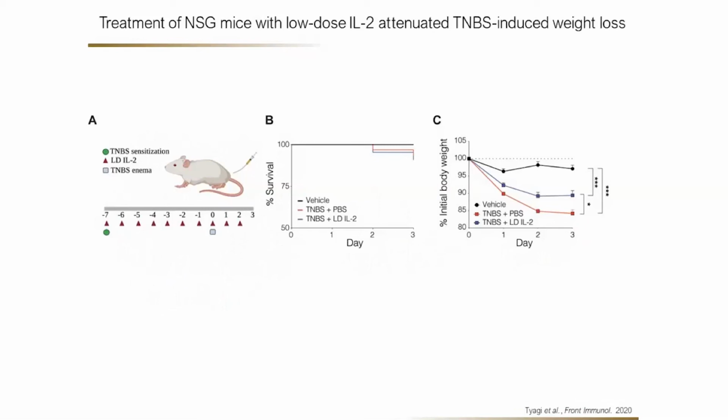So using a similar regimen that we did before, what you can see is that while the improvement in disease score is great compared to just the PBS control, again, these animals still do get disease. So it's kind of somewhere in the middle between the HLA expressing mice and these here.